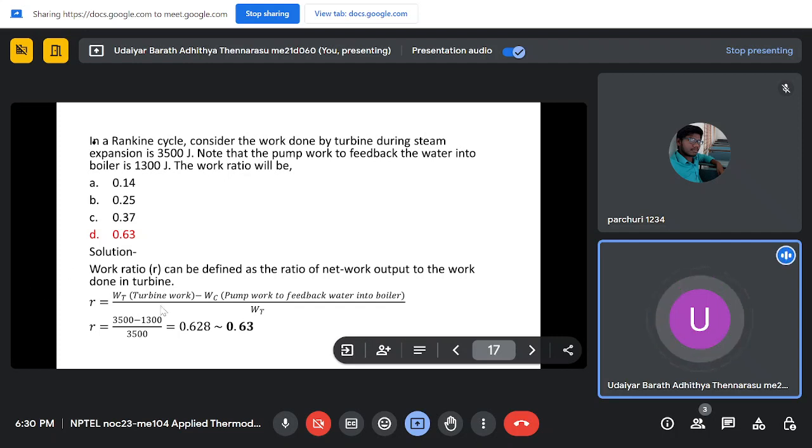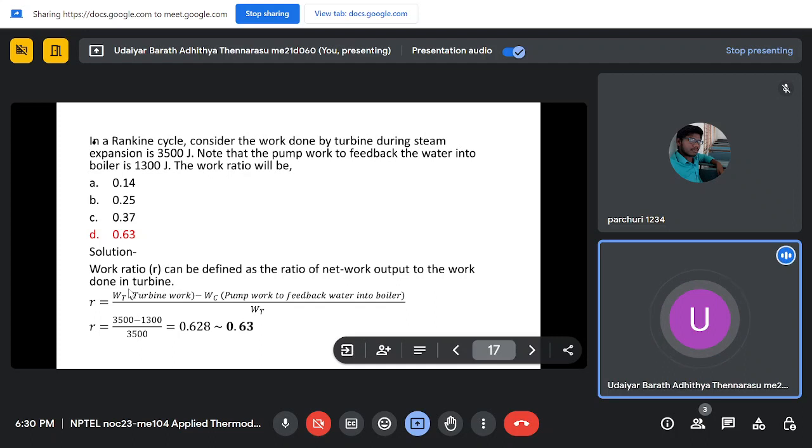So R is W turbine minus the pump work divided by the turbine work, which comes out to be 1 minus the pump work by turbine work. So the fraction of work in the turbine which is consumed by the pump will define the work ratio. If that is large, your total net work will go down, and the efficiency will also come down.